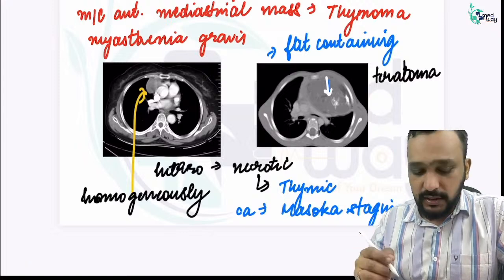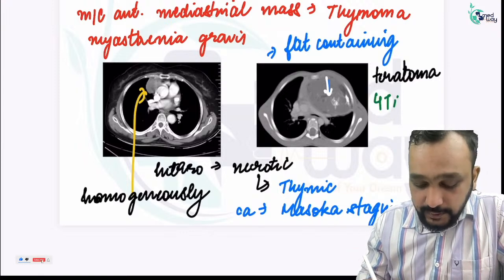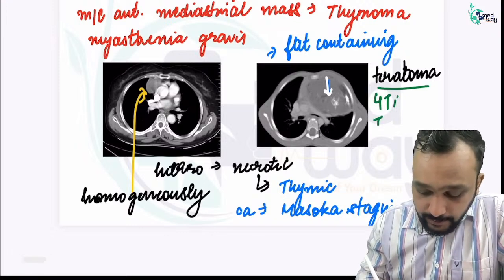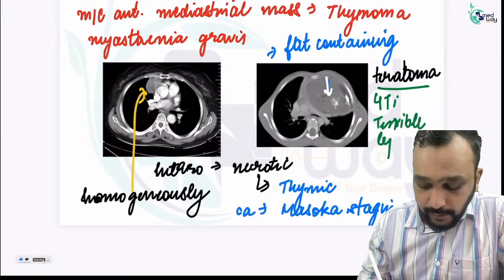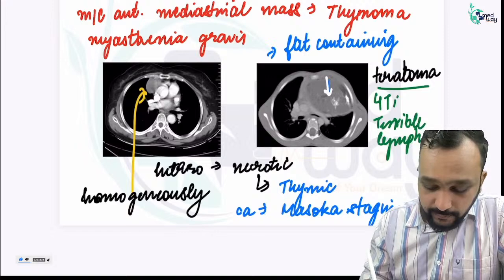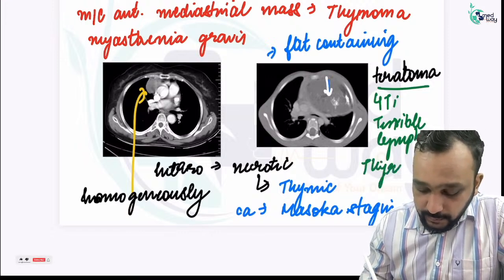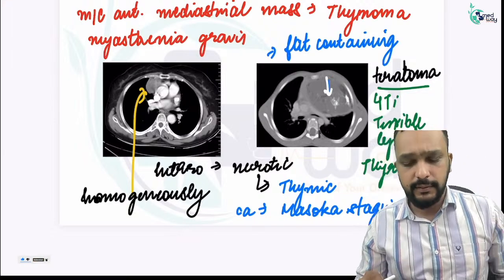Okay, so just remember the 4 T's of anterior mediastinal masses, that is teratoma, then you have thymoma, terrible lymphoma, and you have a thyroid mass. 4 T's of the anterior mediastinal lesions, right?